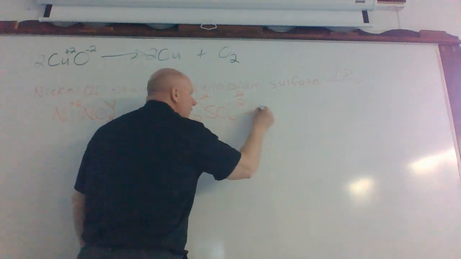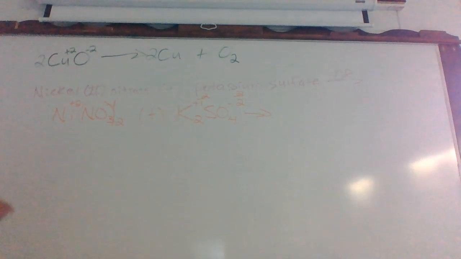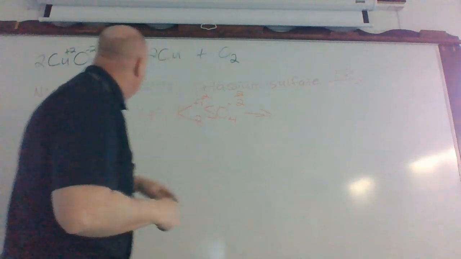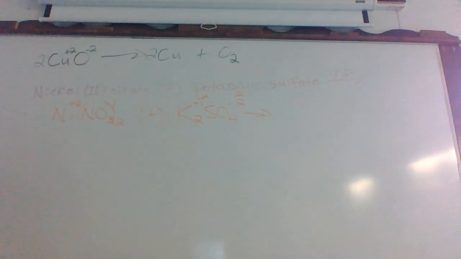Now we can continue. Okay, so we've got 1, 2, 3, 4 subscripts. So of those 4, are all 4 of those subscripts going to the right side for sure? 2 of them for sure? So which 2 for sure have to go to the right side?